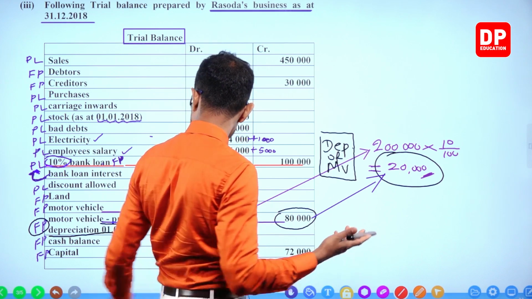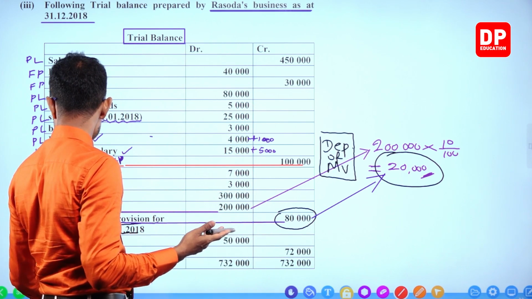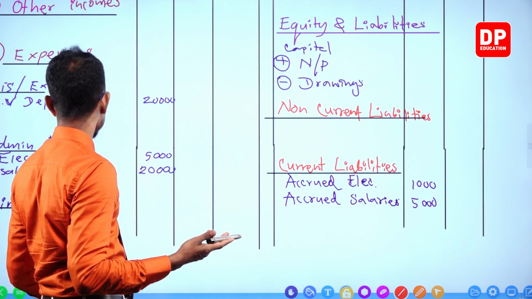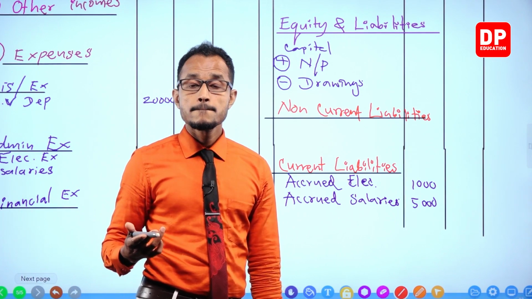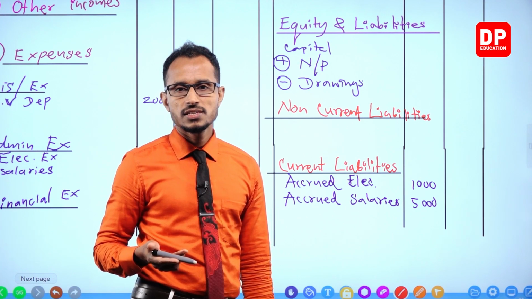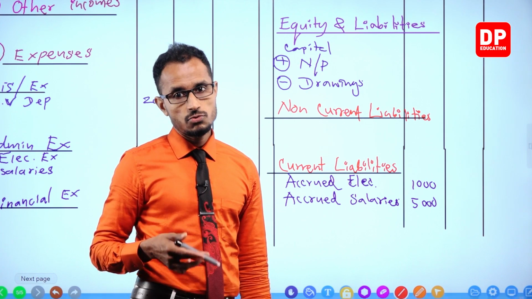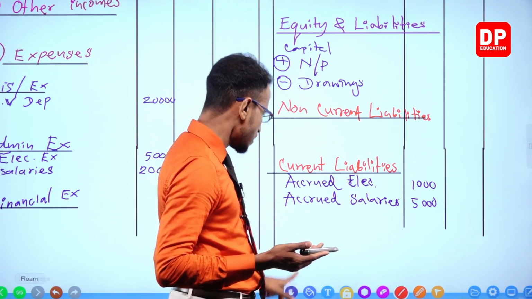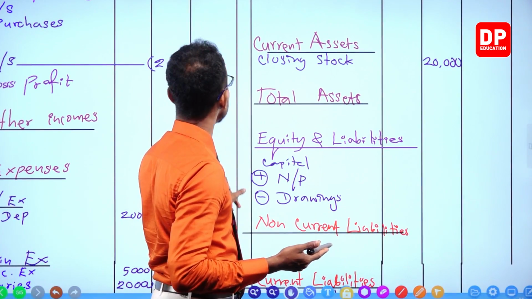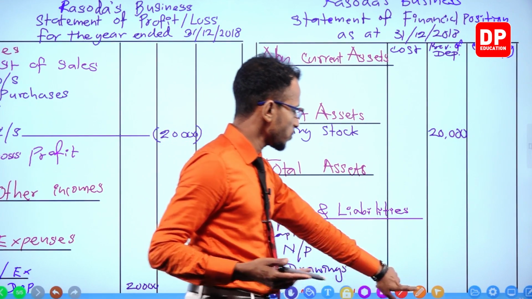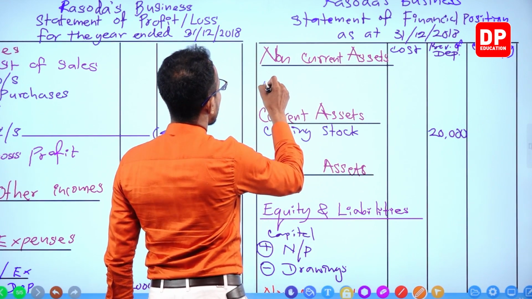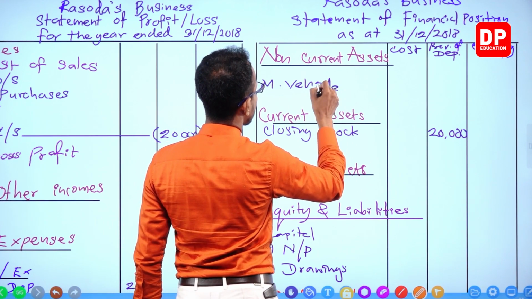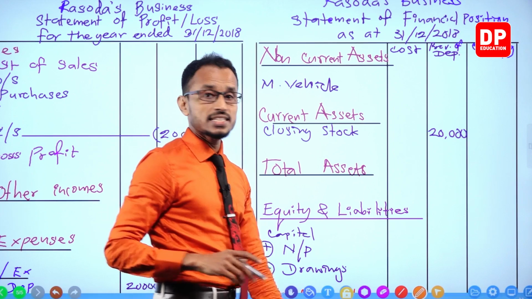Because in the SOFP we show the motor vehicles, the non-current assets, at their book value or carrying value after the total depreciation is deducted. That's why we should take the entire depreciation with the provision 80,000.